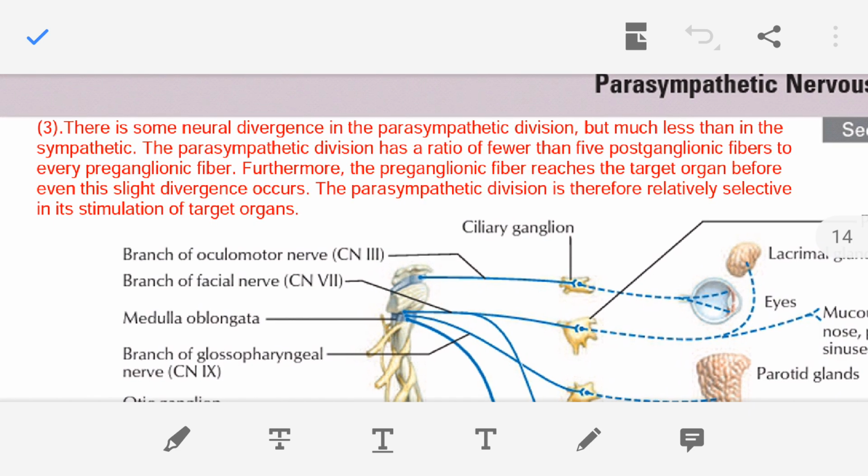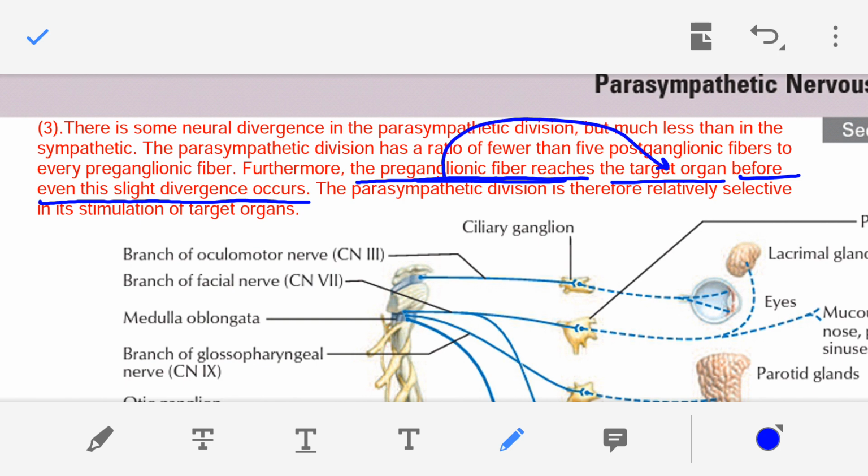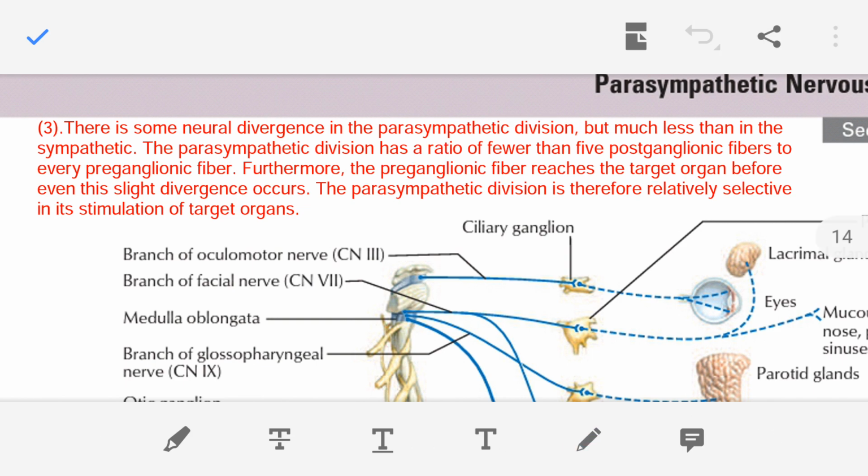Furthermore, since the preganglionic fiber is very long, it reaches the target organ before this slight divergence occurs. Slight divergence means the preganglionic fiber reaches the level of the target organ, and there it synapses with a larger number of postganglionic fibers. So this is the slight divergence.